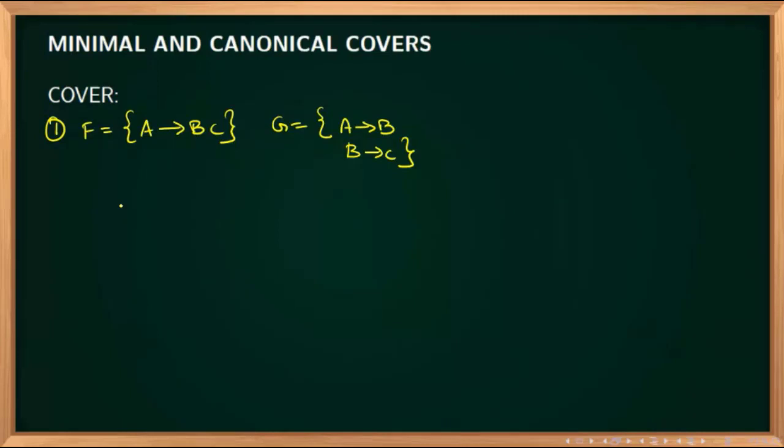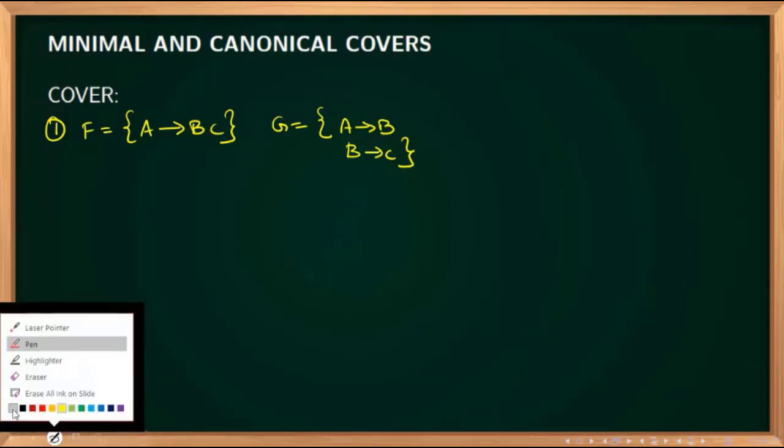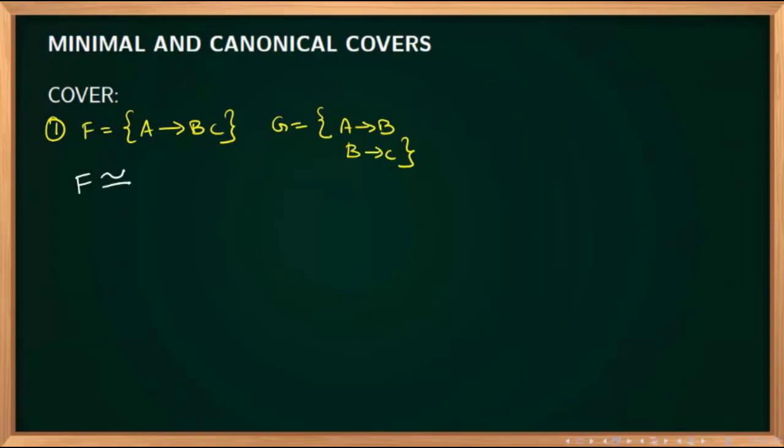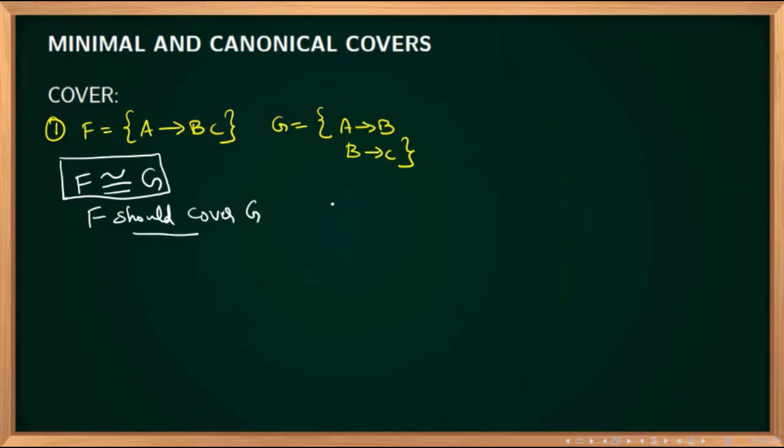If you want to say that two functional dependency sets are equivalent, that means F is equivalent to G. For this, F should cover G, and G should cover F. In that case only you can say that F is equivalent to G.